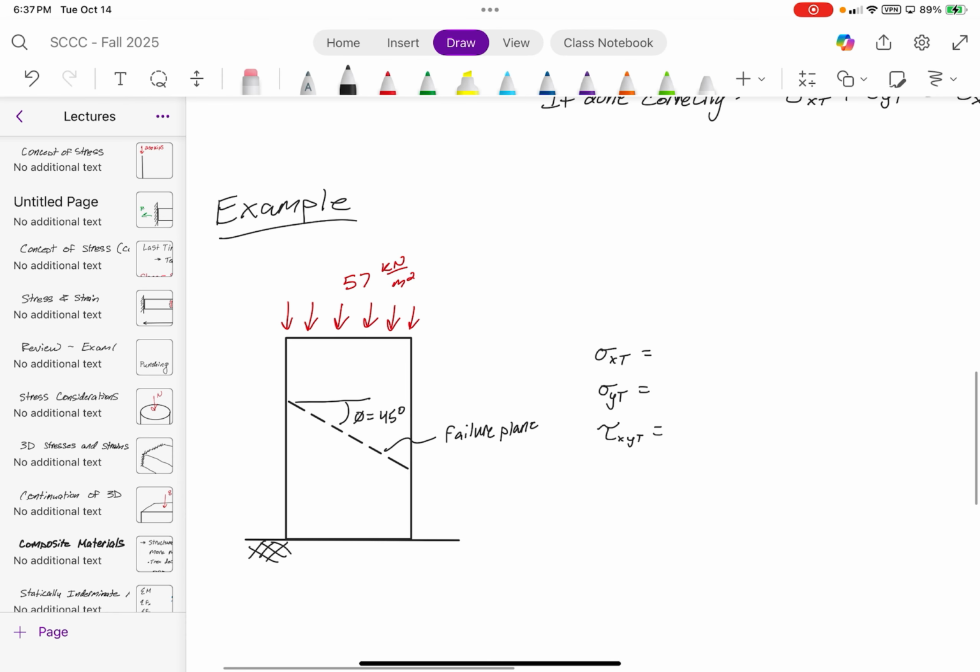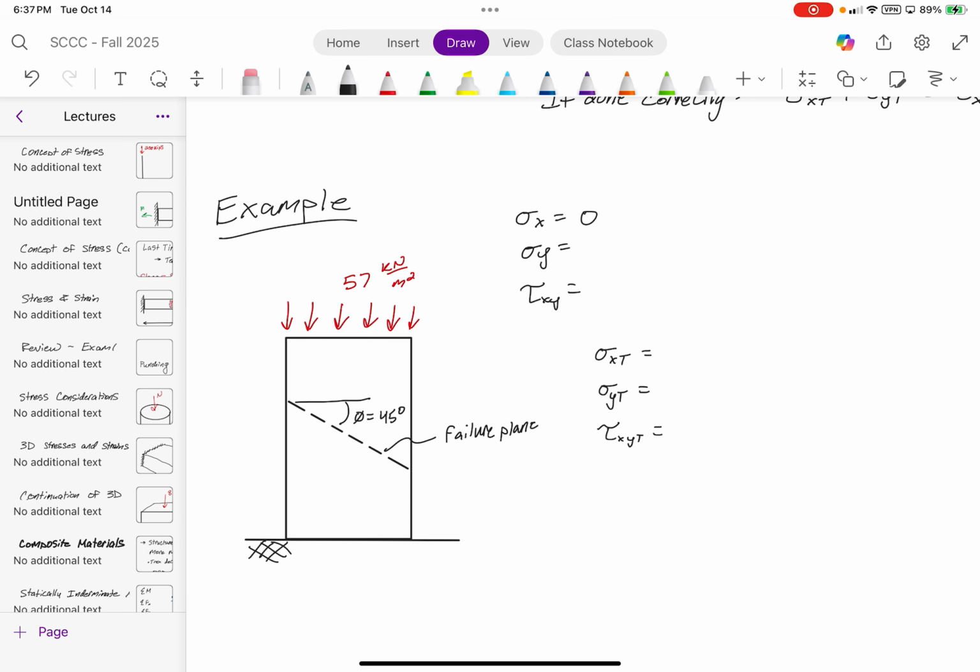And I'll give you a little hint here. We've got sigma X is equal to something, sigma Y equals something, and tau xy is equal to something. What is the applied stress in the X direction? It's 0.